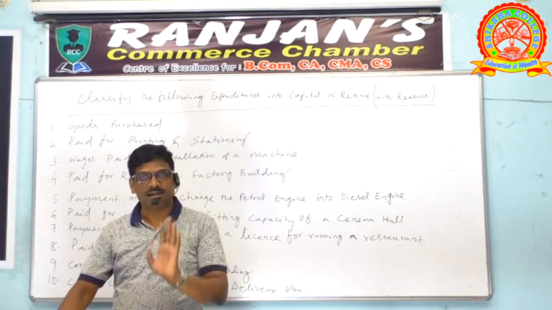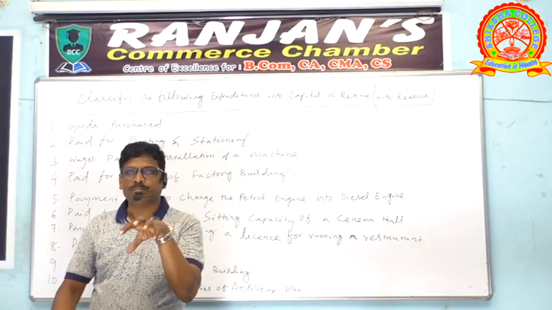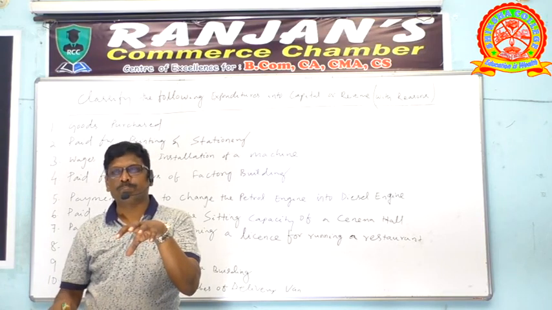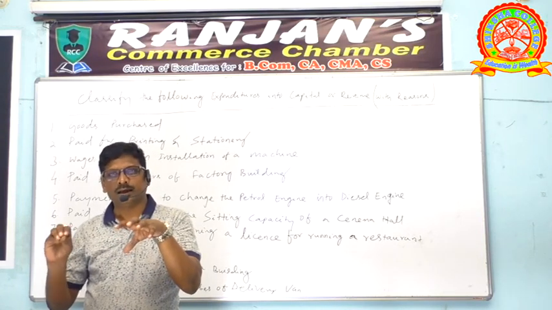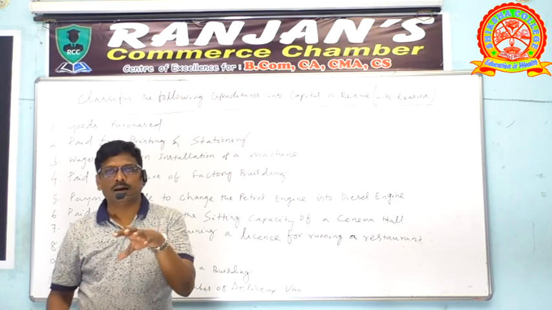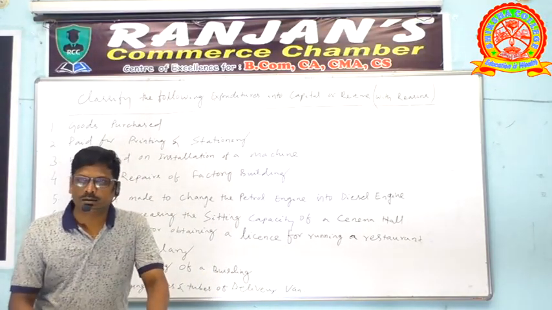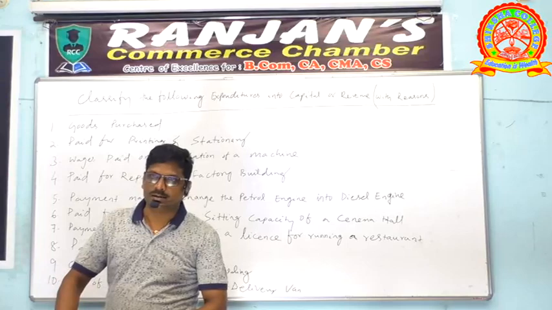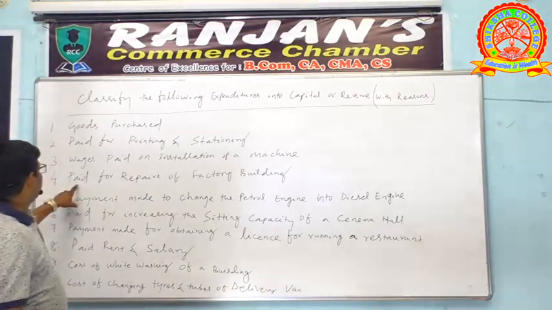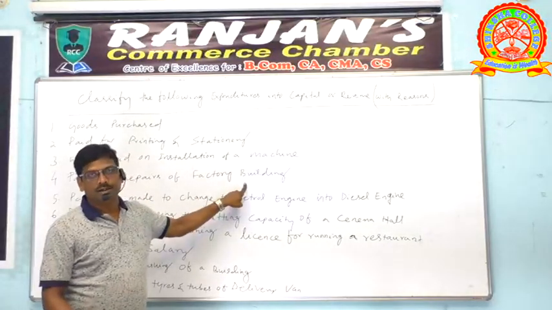So, an existing fixed asset has to be maintained with some expenses, and expenditure incurred to maintain the already existing asset in good condition is called revenue expenditure. Hence, the answer is: paid for repairing of factory building is a revenue expenditure.